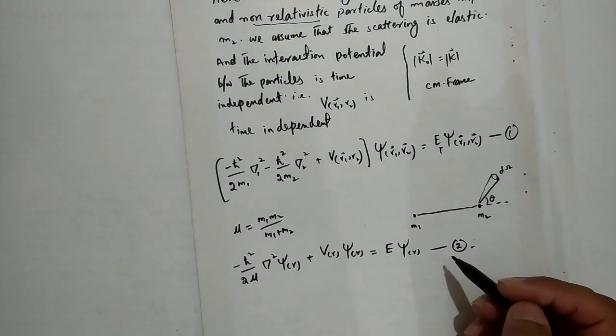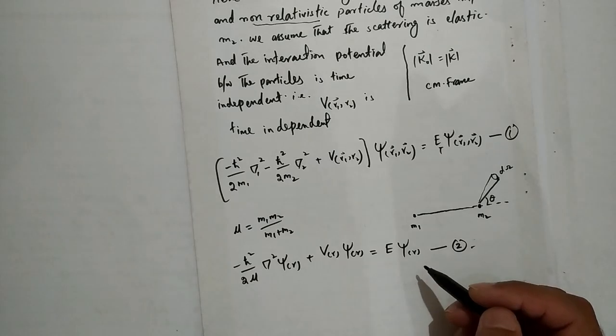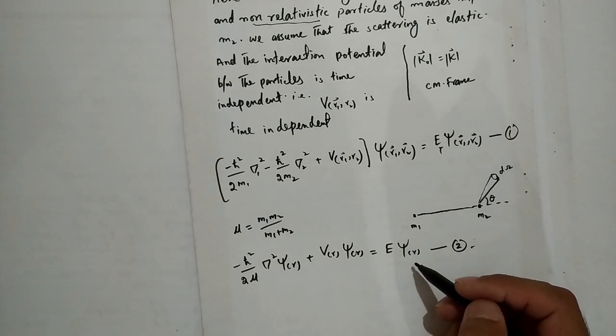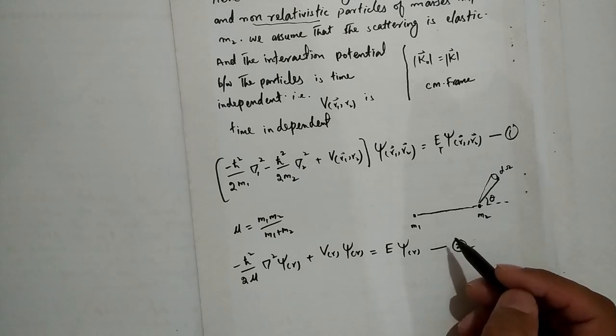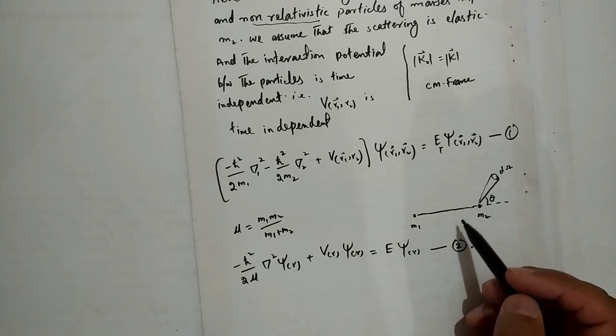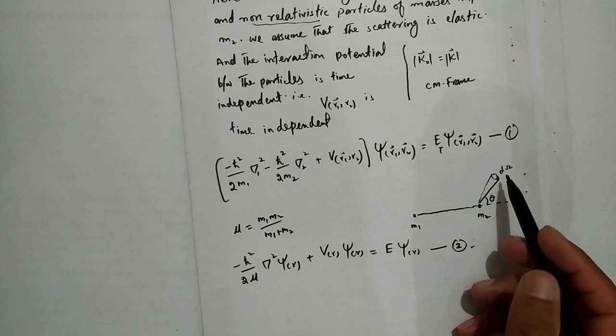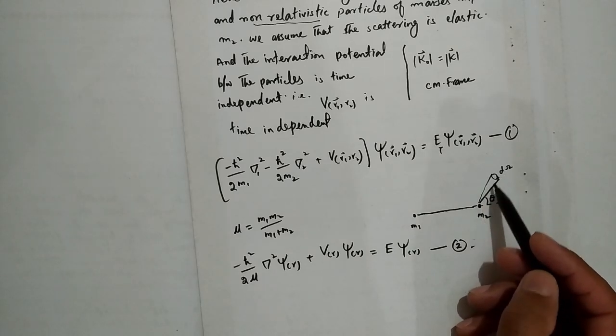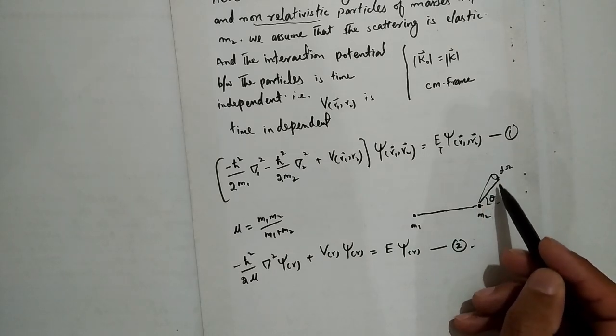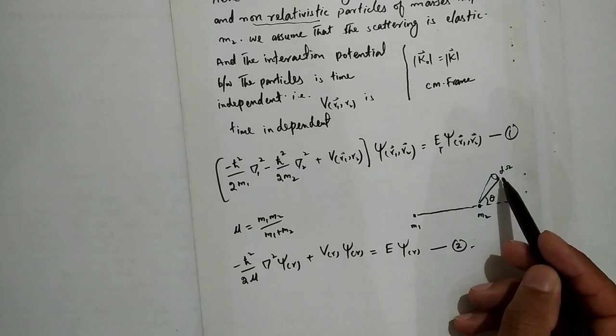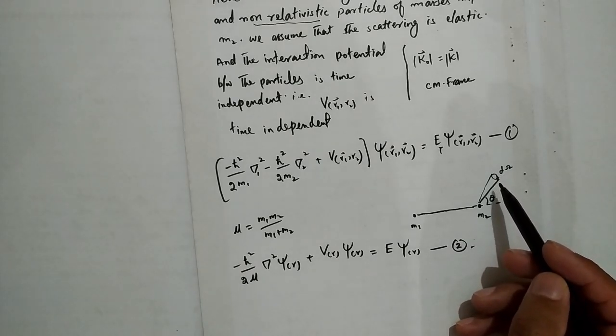So after solving this equation for psi and applying the asymptotic limits, we get the differential cross section, or the probability of the number of particles scattered in the direction of theta and phi through the solid angle d omega.